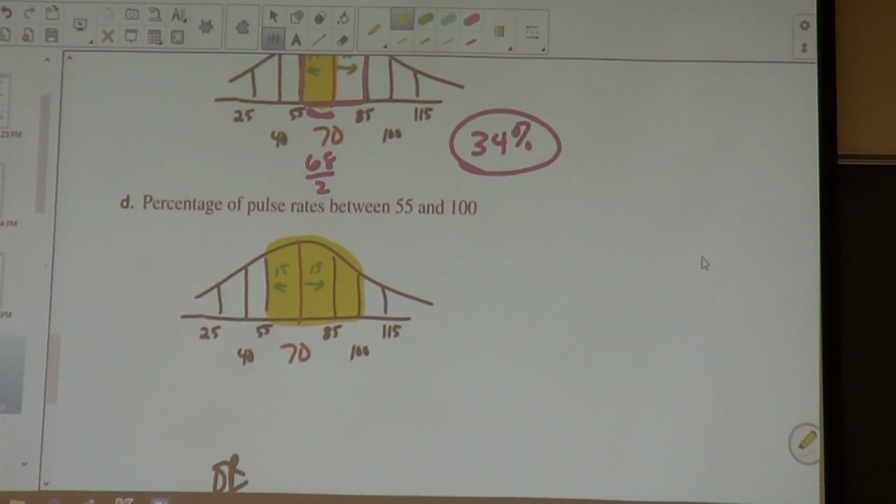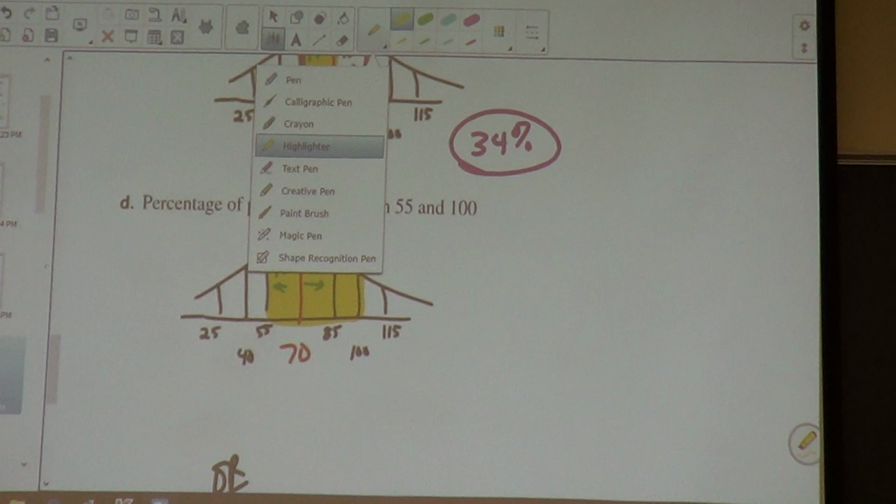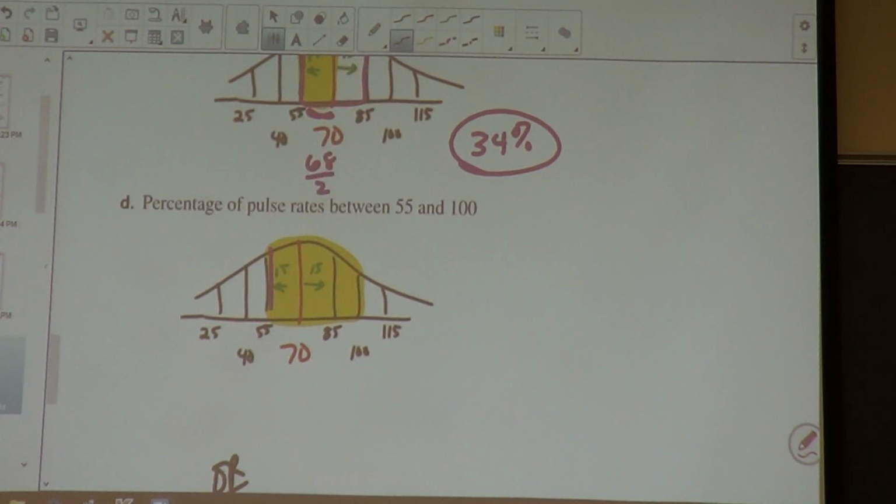But the wing on the right is shorter than the wing on the left. So, this wing is a what? It's a 68 cut in half. Y'all with me? It's one deviation, which is a 68. But we're only doing one side of it, so it's a 68 cut in half.